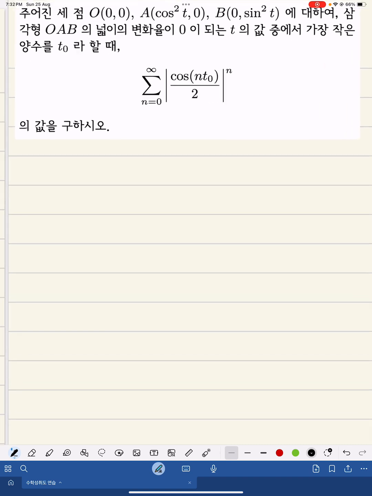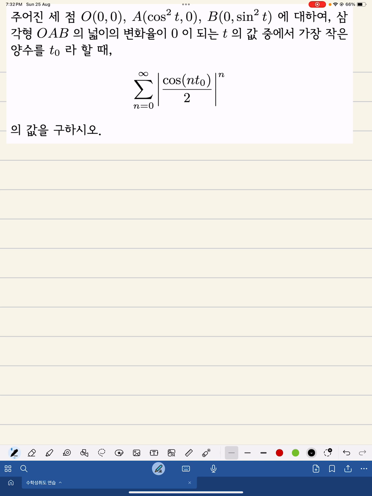So it's basically saying that on a coordinate system, there is point O, and then (cosine squared of t, 0) would be somewhere over here, because that is point A, and B would be somewhere over here, (0, sine squared of t).